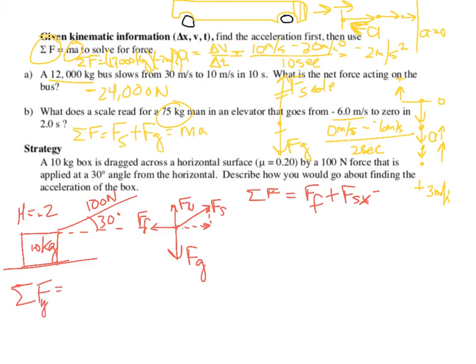This is the y, this is the x. I have Fg plus Fn plus Fsy, and what does that equal? That has to equal 0 because we're not accelerating up and down. We're accelerating in the x or horizontal plane. So, now what?